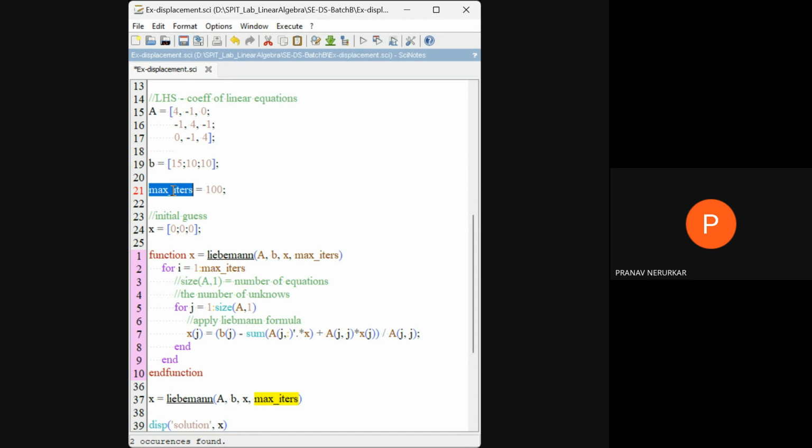We have to decide initial guess, which is X. Let the initial guess be that all the unknowns should be 0. We write a simple function which is iterating max iter number of times. It is traversing for each unknown variable and applying the Seidel formula.